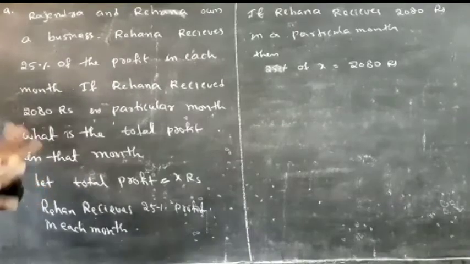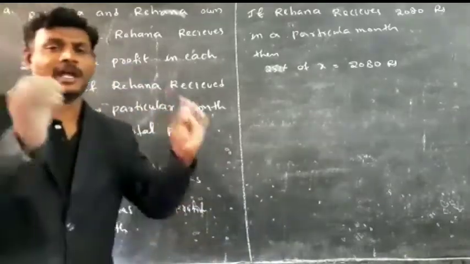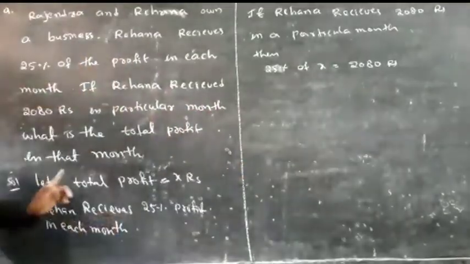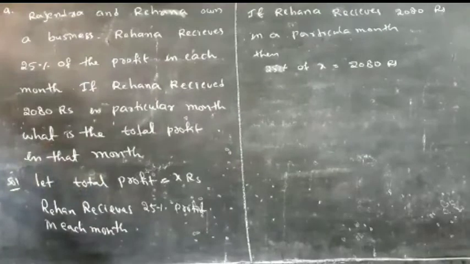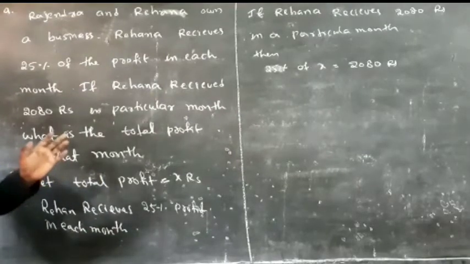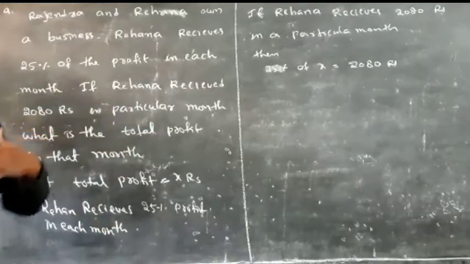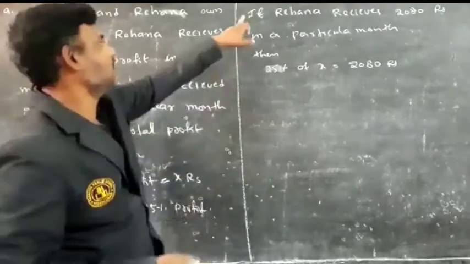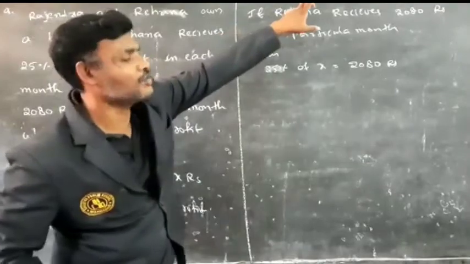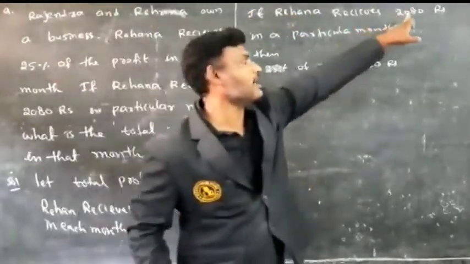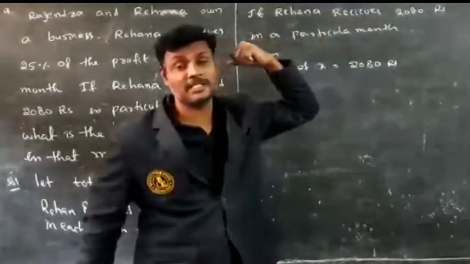Solution. I don't know the total profit, but Rehana receives 25% of the profit. Let the total profit be X rupees. Rehana receives 25% profit each month. In a particular month, Rehana receives 2080 rupees. This 2080 is nothing but 25% of the profit.